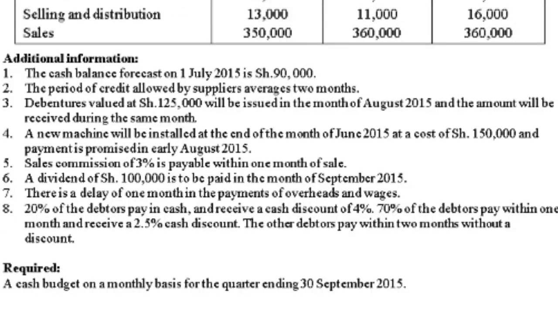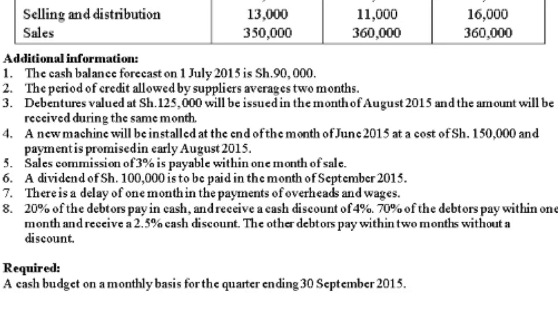Number 8, 20% of the debtors pay in cash and receive a cash discount of 4%. 70% of the debtors pay within 1 month and receive a 2.5% cash discount. And then the other debtors pay within 2 months without a discount. Required: a cash budget on a monthly basis for the quarter ending 30th of September 2015.